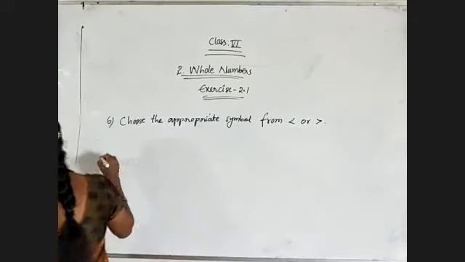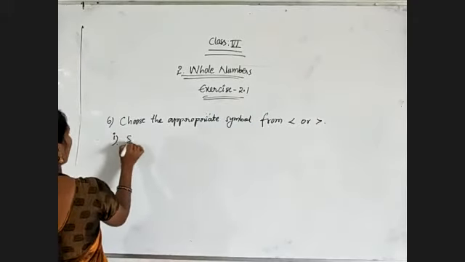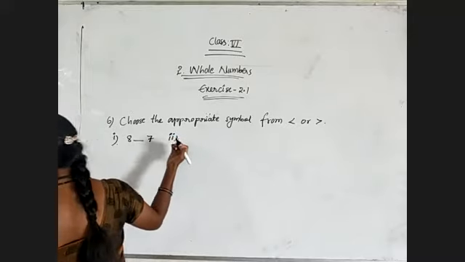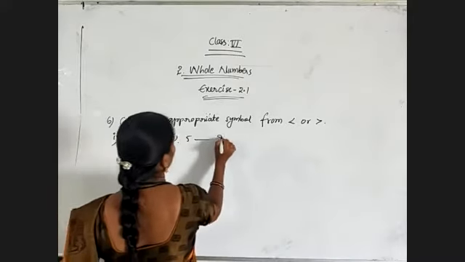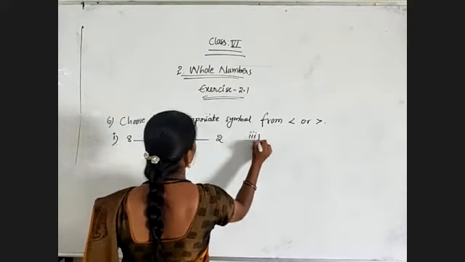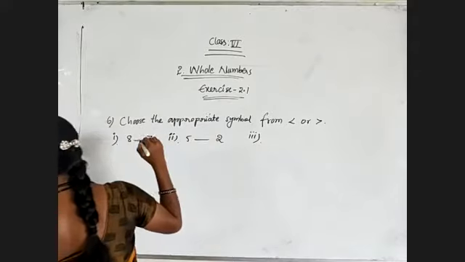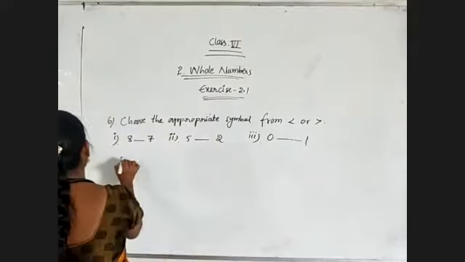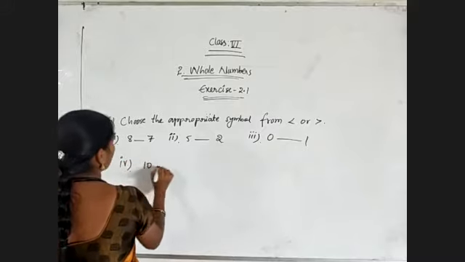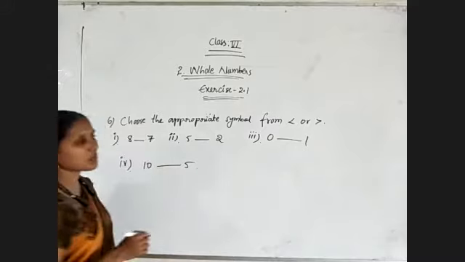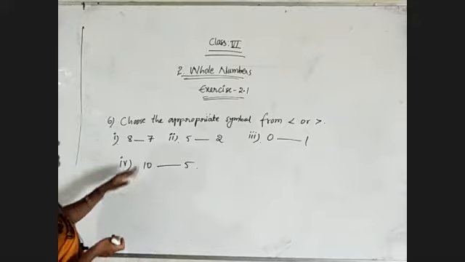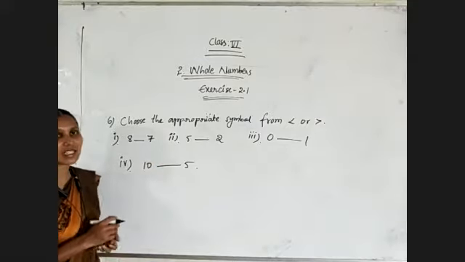Okay. First one is 8-7. Second one is 5-2. And third one is 0-1. And fourth one is 10-5. See, just observe here. Comparison. Choose the appropriate symbol. That is nothing but comparison. Greater or lesser, like that.